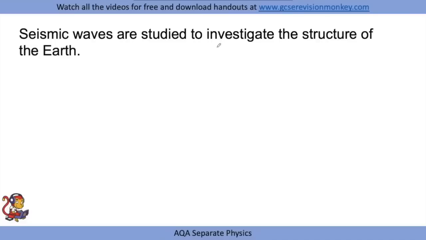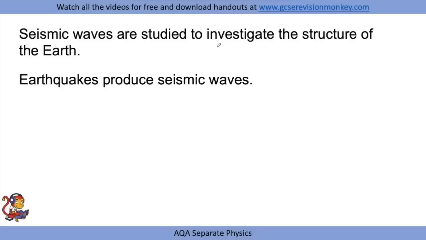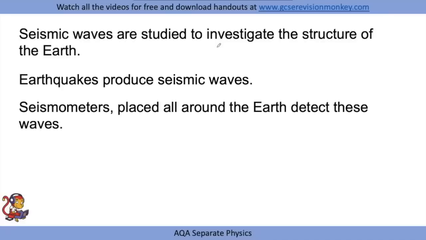So further to ultrasound waves being used to study the structure of objects, seismic waves are studied to investigate the structure of the Earth. And earthquakes are the things that produce seismic waves, and seismometers are placed all around the Earth to detect these waves. And there are two seismic waves.